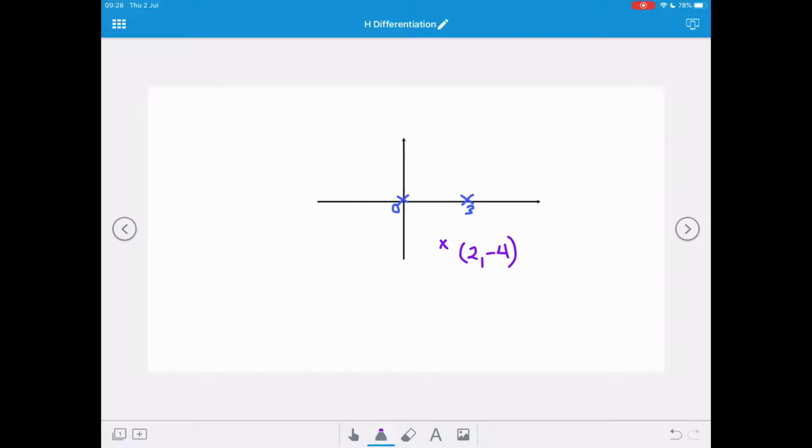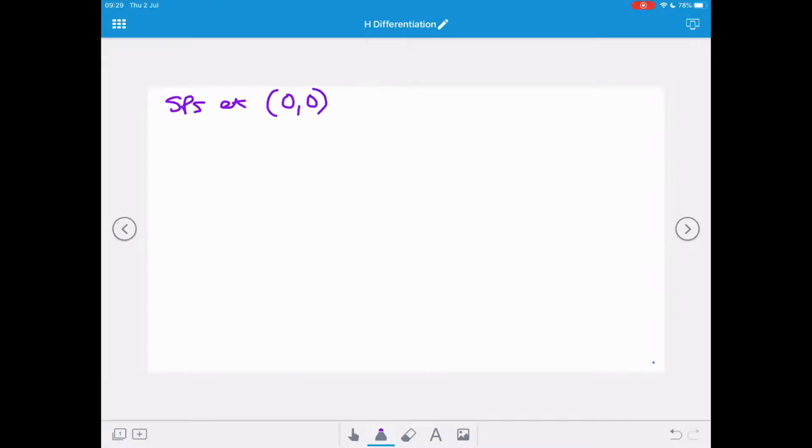And now we need to work out what the nature of our stationary points are. So we've got a stationary point at 0, 0, which is a tangent to our axis. And we've got a stationary point at 2, negative 4. And our derivative of our function was 3x squared minus 6x.